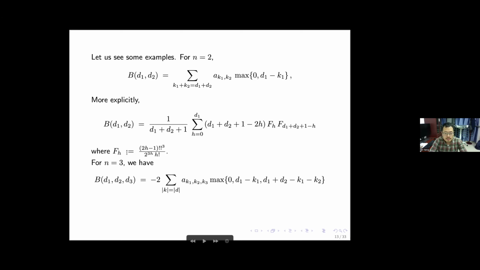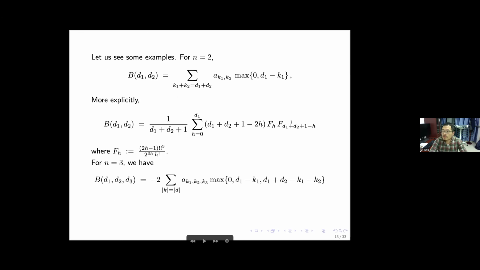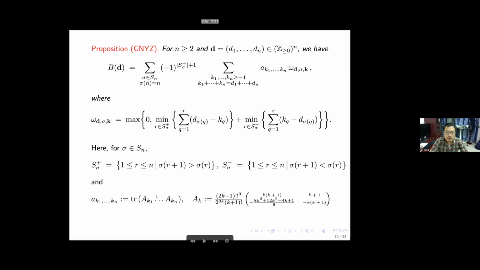Here F_H is very similar to the one-point numbers, so it is a sum of products of F. For three-point numbers, we also have a similar expression. These are obtained from this general formula.